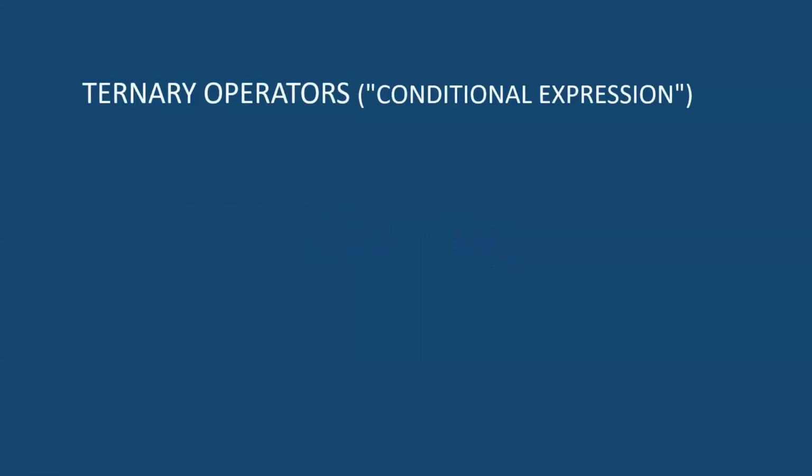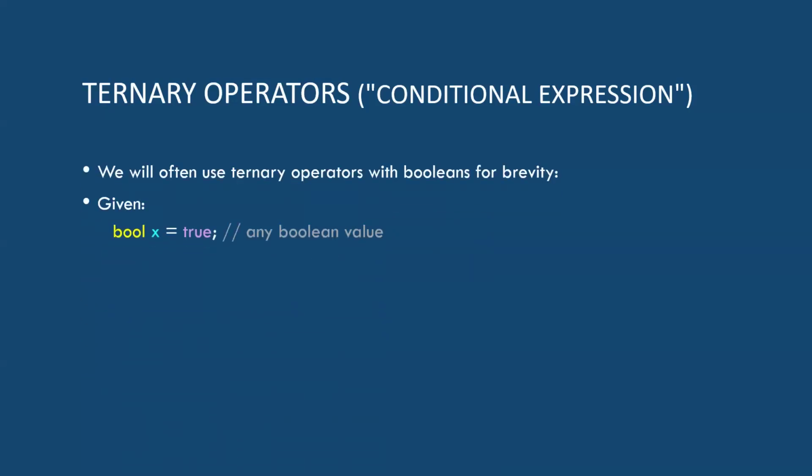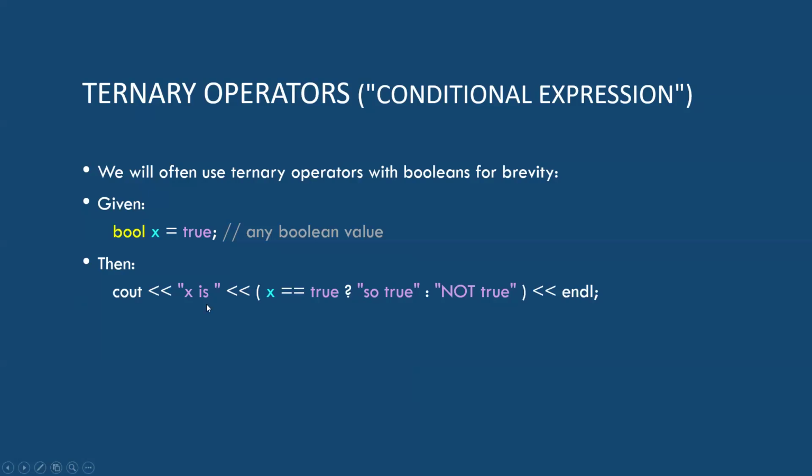Okay, reviewing our ternary operator, just a really nice way to compress a lot of code in a small space. It's always okay to use if else, but if I have a value that's true, I can test it and I can say cout x is, and this whole thing right here is of course just an if else statement. If x is equal to true, question mark, do this.